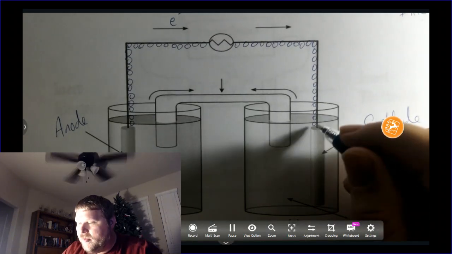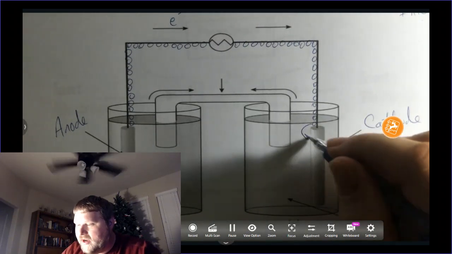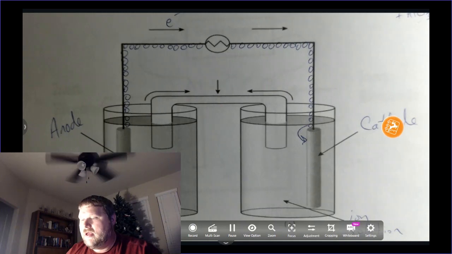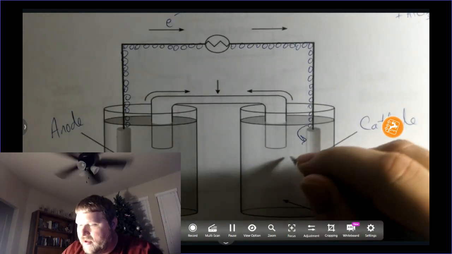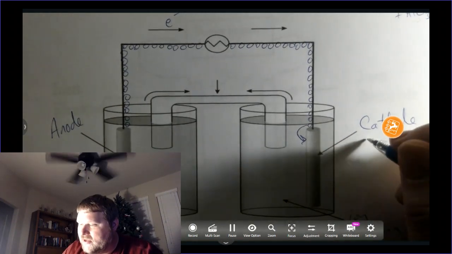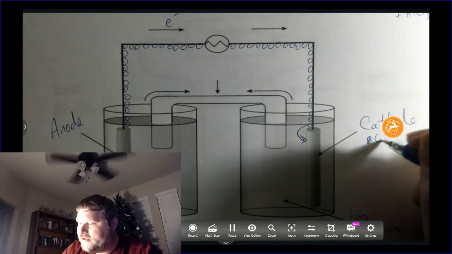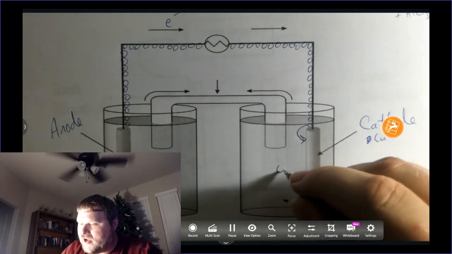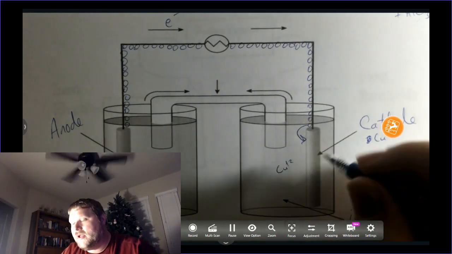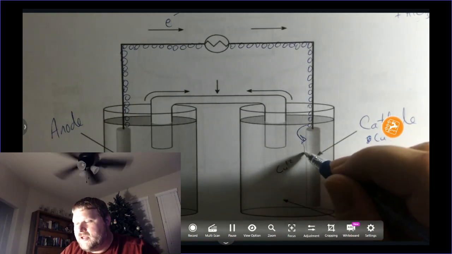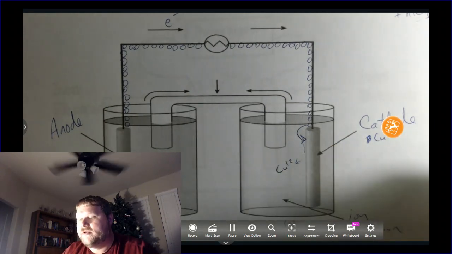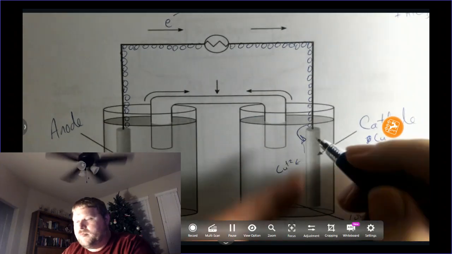So what's going to happen is the cathode's just going to pull that electron off. And I guess more accurately, let's just say this is copper or something, and let's say this is copper plus 2. So it's really more accurately getting pulled in, conducted down into the ion. But anyway, it gets pulled off here.